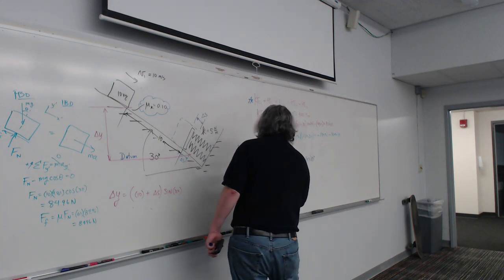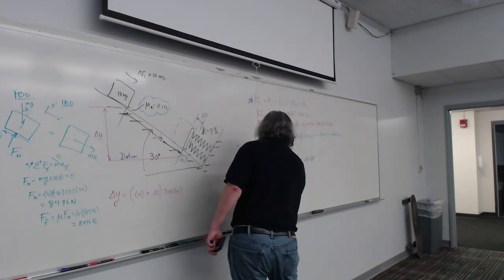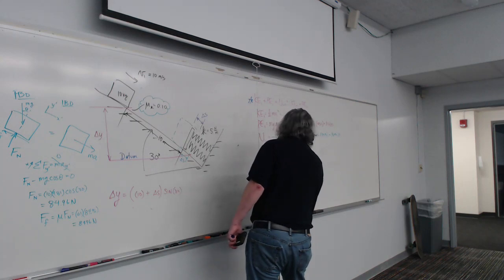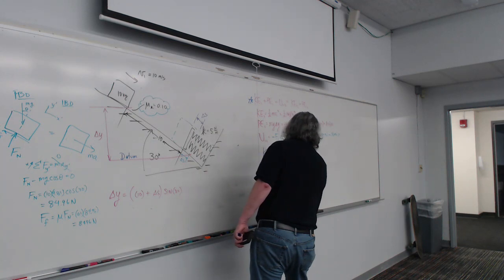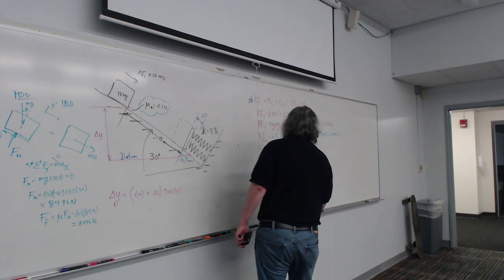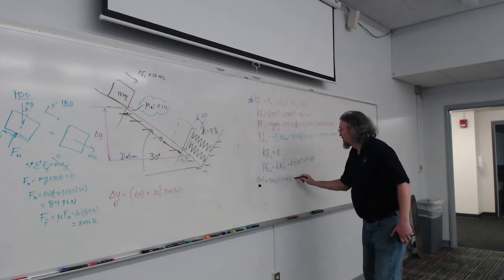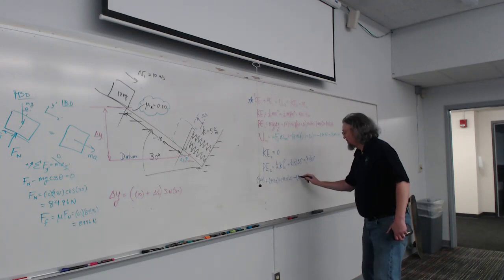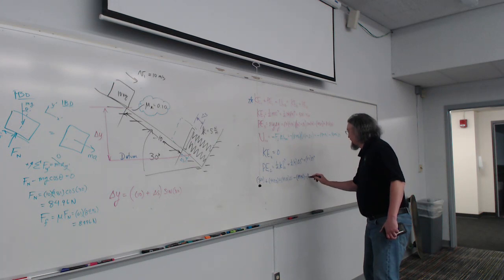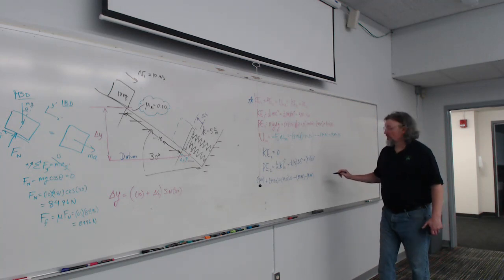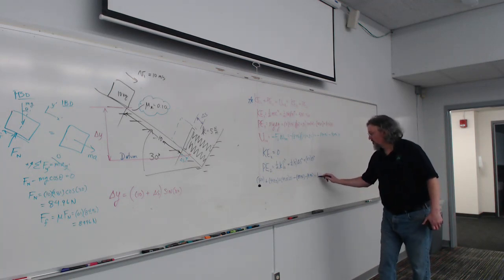We have 500, the next one over, we have 490.5 plus 49.05 delta S minus 84.96 minus 8.496. All right, it's going to be equal to 2.5 delta S squared.